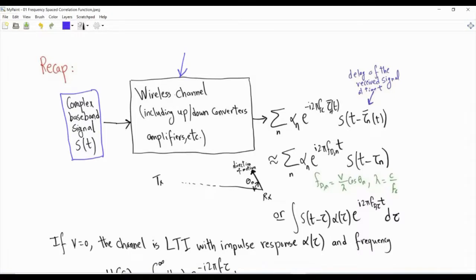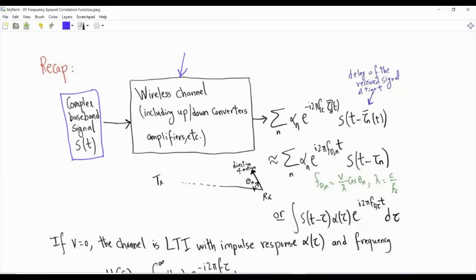the wireless channel, which typically includes the loss stages of the transmitter, the medium between the two antennas, the front end of the receiver, and so on. So basically the wireless channel is the physical channel and also parts of the transmitter and receiver.